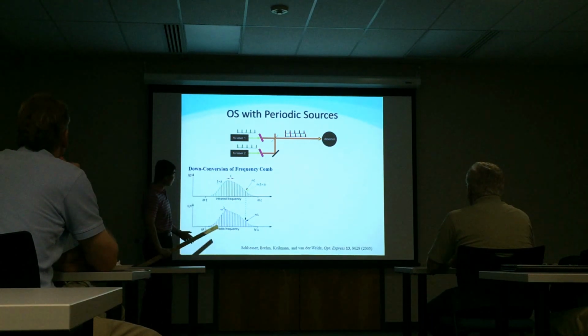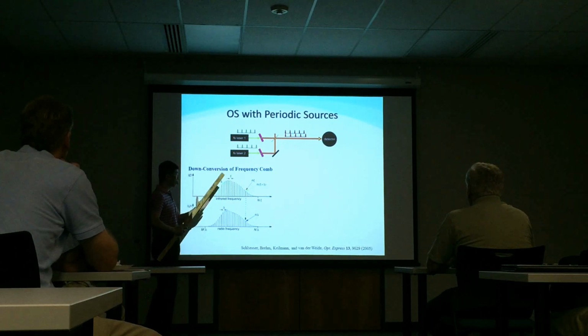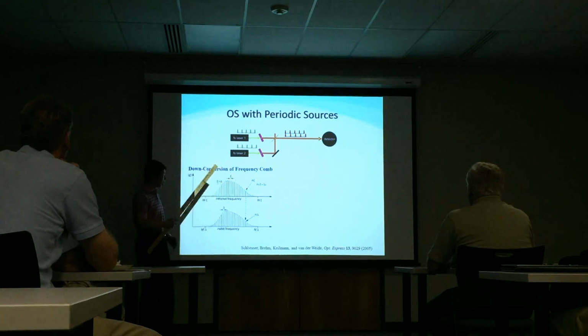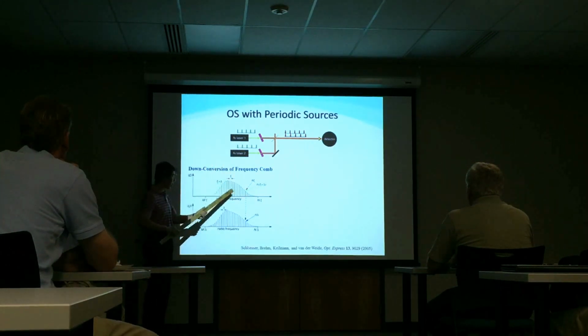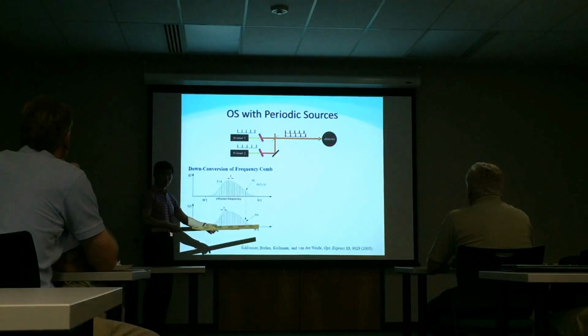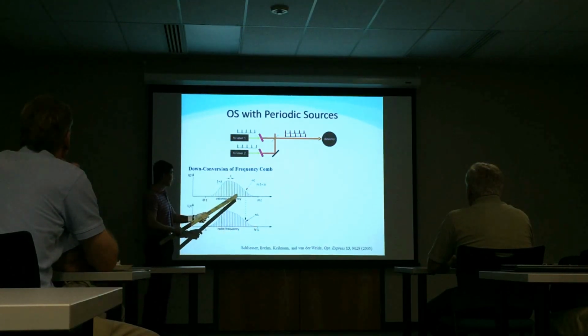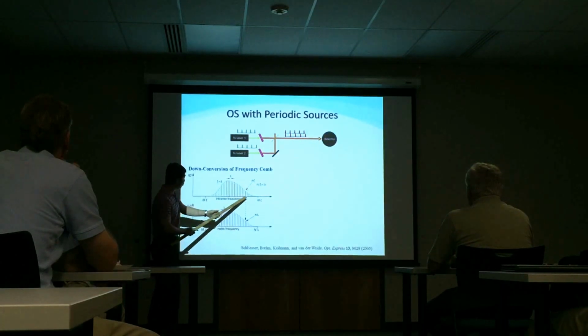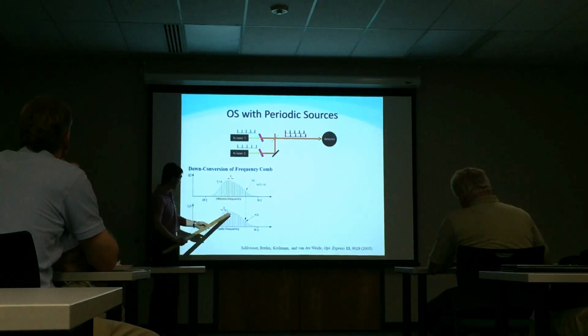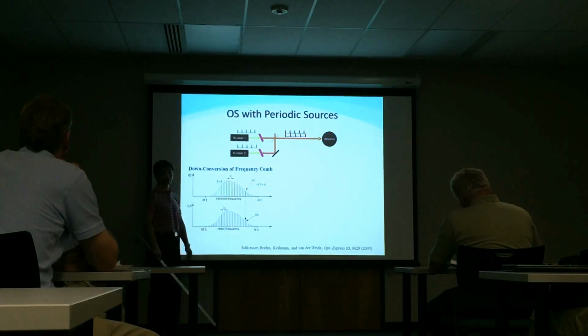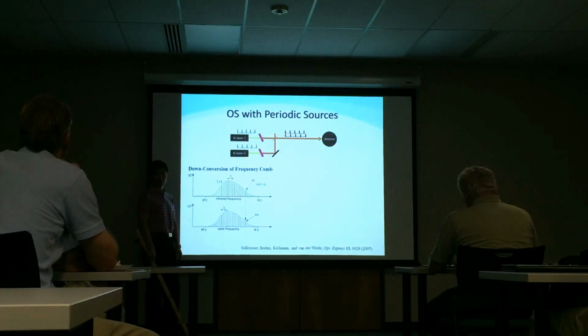Okay? So when you have these two combs beating each other on the detector, what you get is another comb, basically a replica of these two spectra, but down converted to the frequency difference between these comb lines. So you basically down convert that into the RF frequency domain.